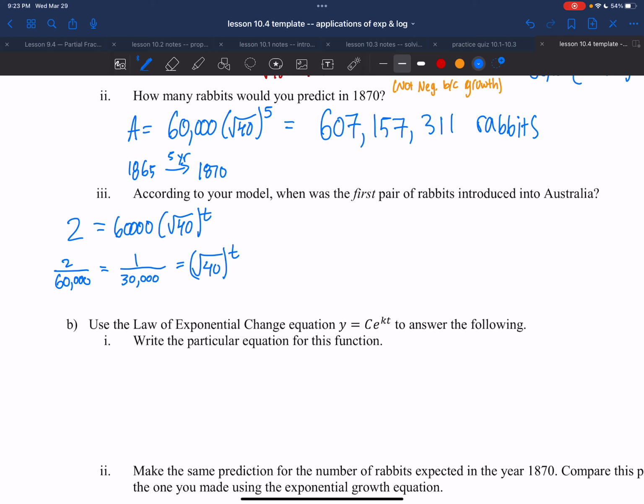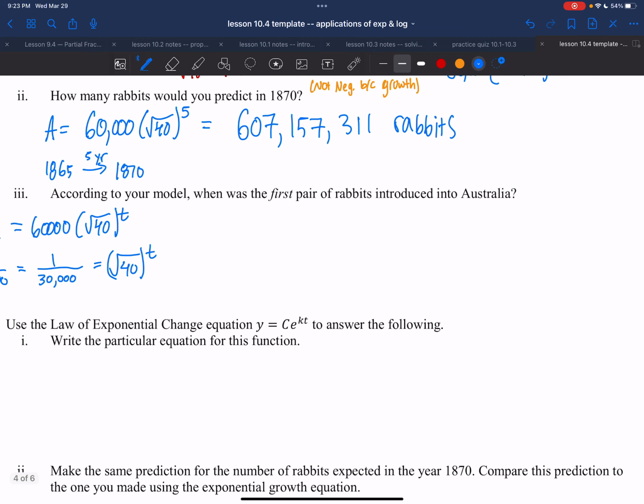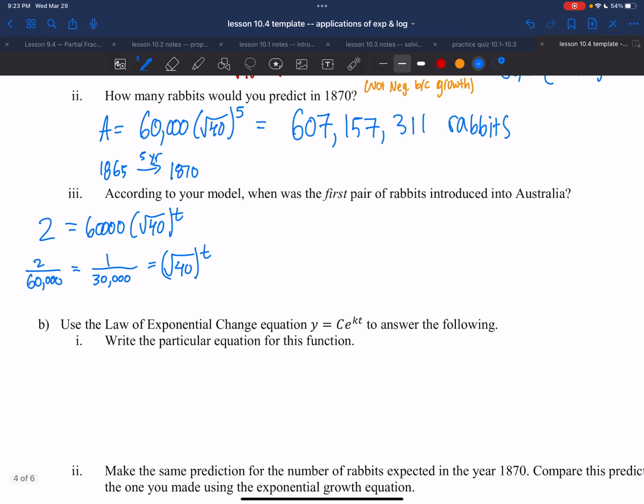Now, what are you going to do? Are you going to convert to log? I suppose you can, right? If you want to, or you can take the natural log. I don't really care in this case, because it doesn't really give us any guidance or context. So let's just convert to log.